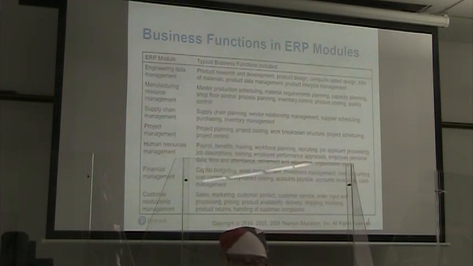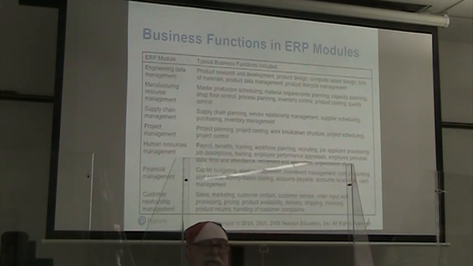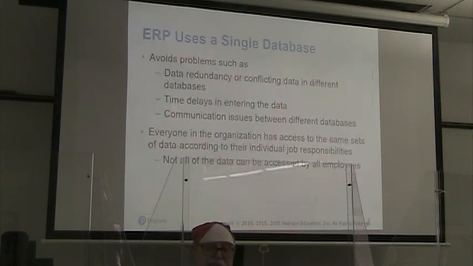And bringing it all home is customer relationship management. That includes sales, marketing, customer contact, customer service, order input and processing, pricing, product availability, delivery, shipping, invoicing, product returns, and handling of customer complaints.